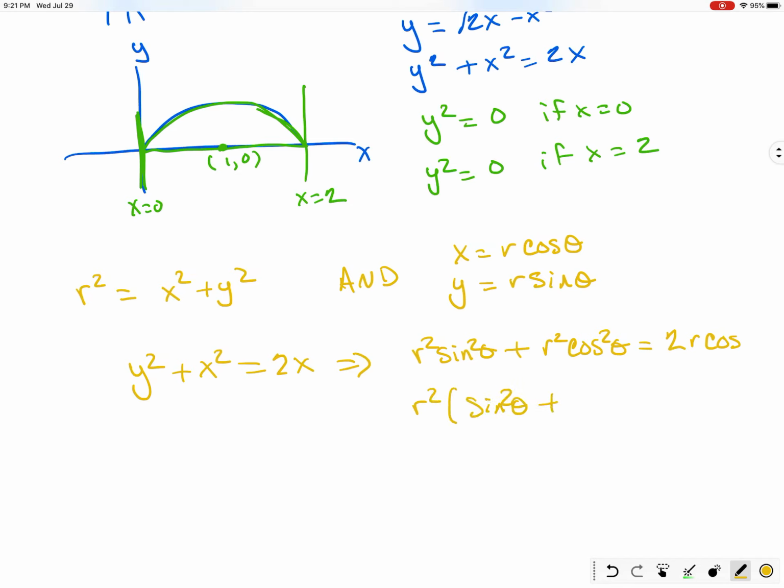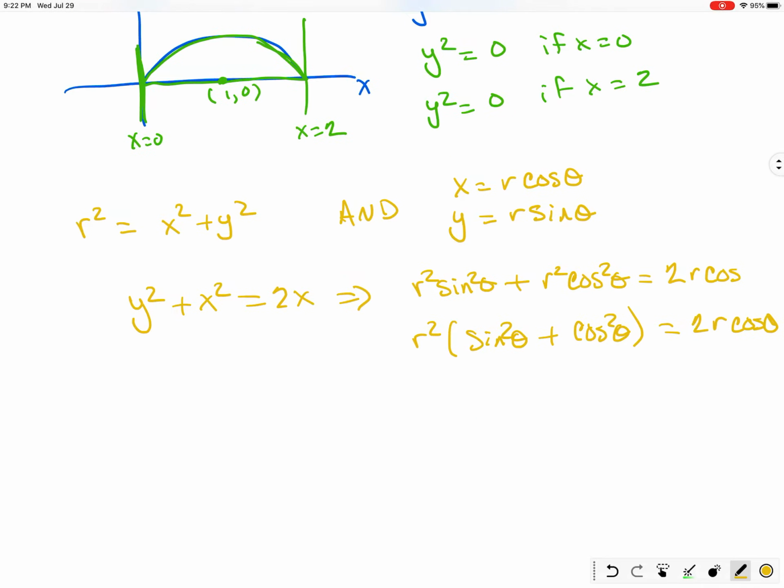I'm going to factor out an r squared, and I'm left with sine squared of theta plus cosine squared of theta is equal to 2 times r times cosine of theta. And of course, this part is equal to 1. So I have r squared is equal to 2 times r times the cosine of theta.